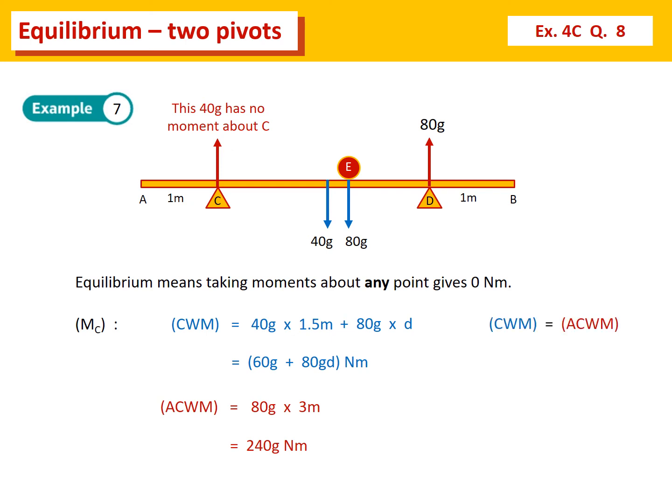Because we're in equilibrium, the clockwise moments equal the anti-clockwise moments, and therefore 60 G plus 80 GD equals 240 G. We can divide through by G, and therefore from that we will find that D equals 2.25 meters. Now remember, D is a distance from E to the support C, so the distance from A is 3.25 meters.